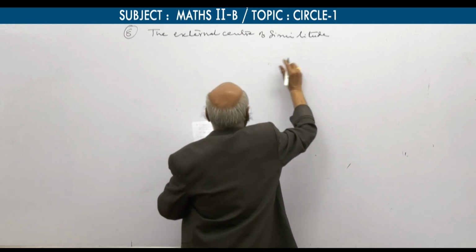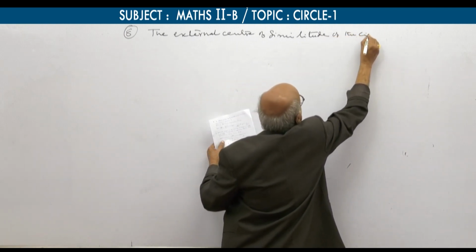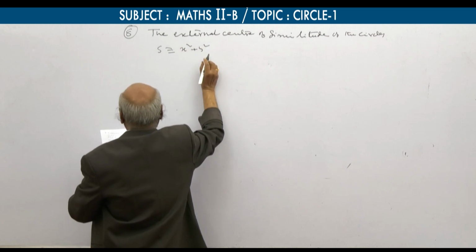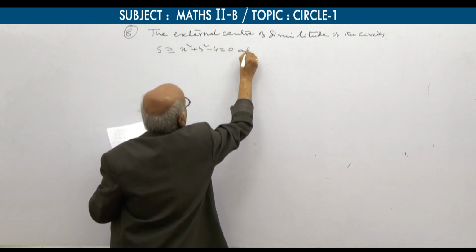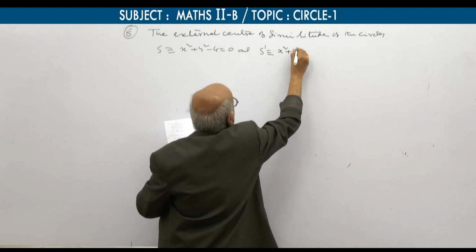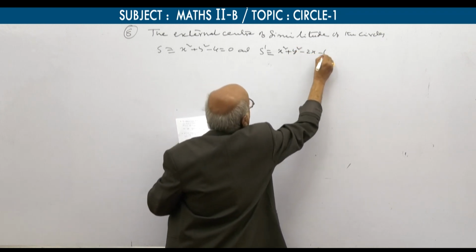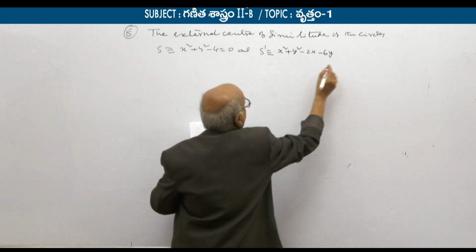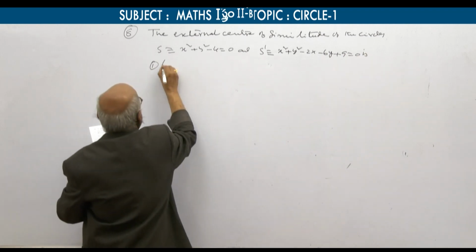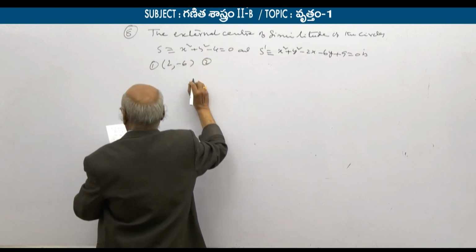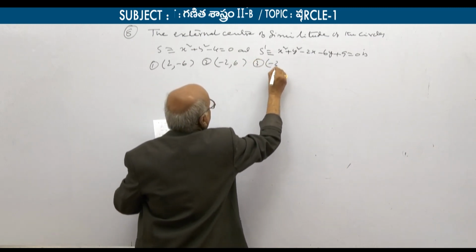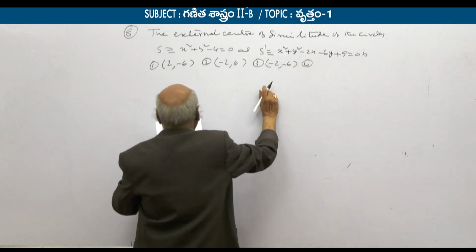The external center of similitude of the circles S is equal to x square plus y square minus 4 equal to 0, and S dash is equal to x square plus y square minus 2x minus 6y plus 9 equal to 0 is: 1, 2 comma minus 6; 2, minus 2 comma 6; 3, minus 2 comma minus 6; and 4, 2 comma 6.